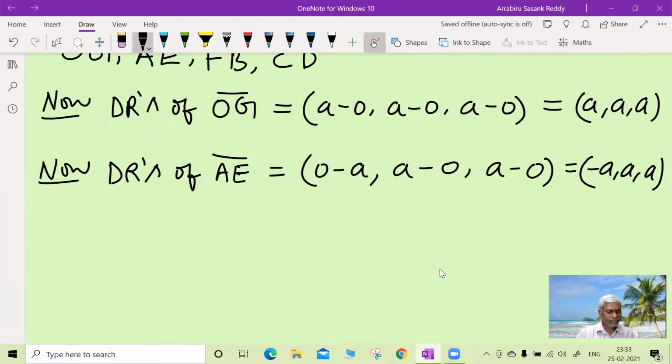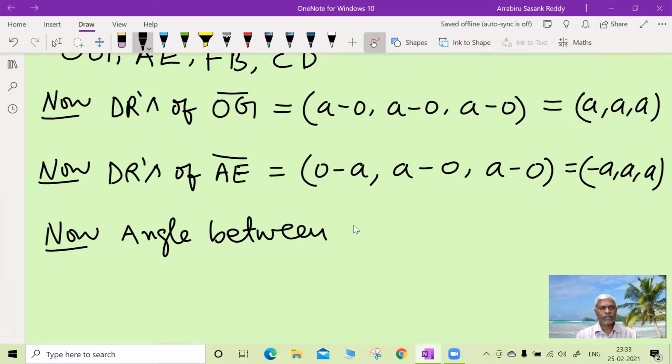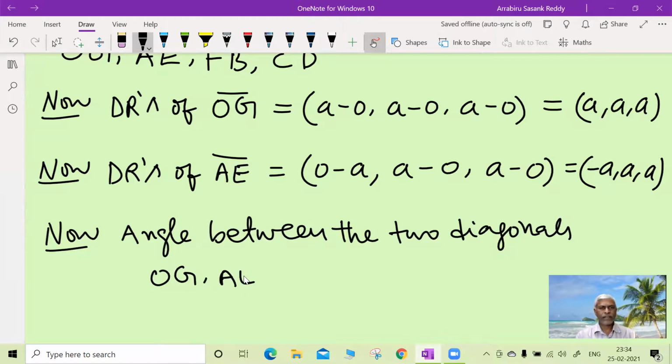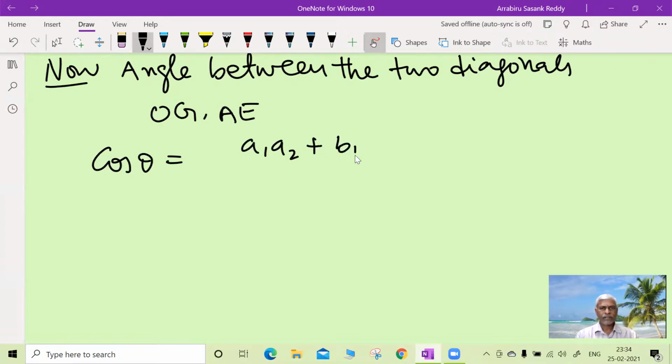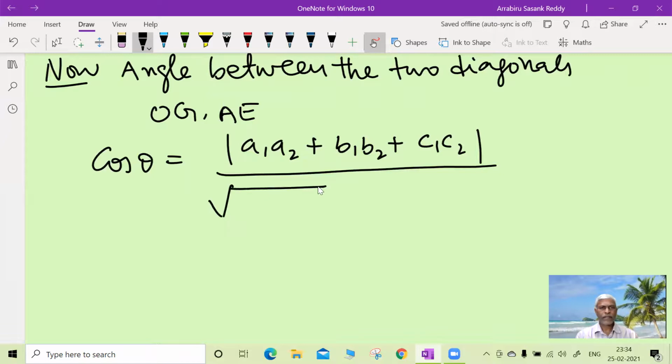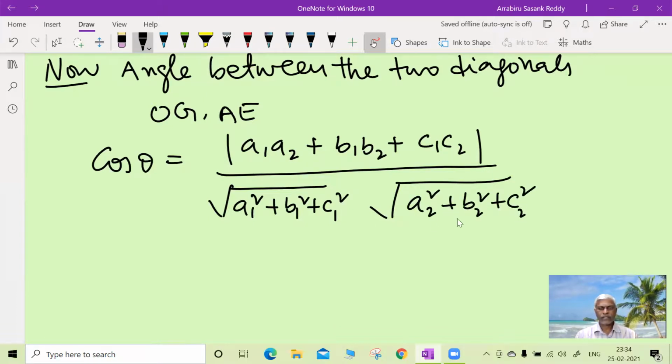Now the angle between the two diagonals OG and AE: cos theta equals a1 a2 plus b1 b2 plus c1 c2 by root of a1 square plus b1 square plus c1 square into root of a2 square plus b2 square plus c2 square.